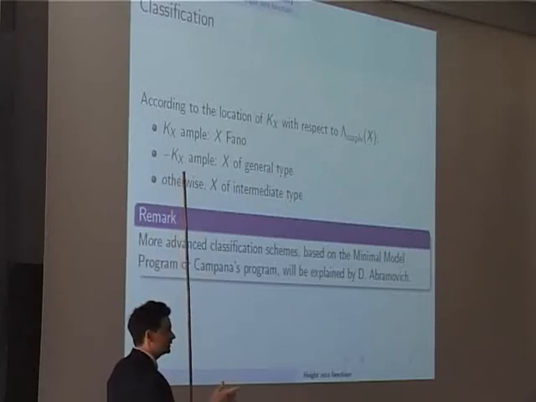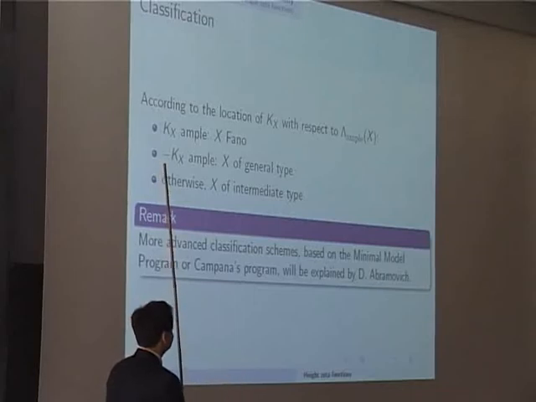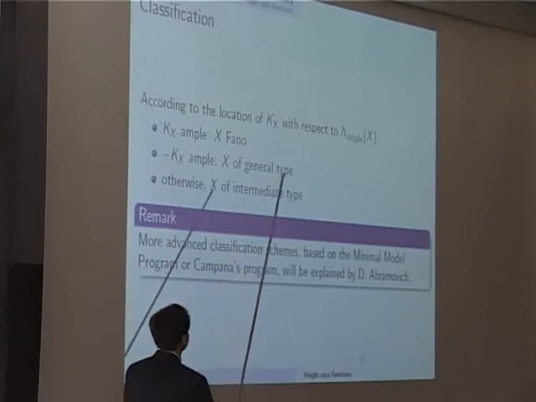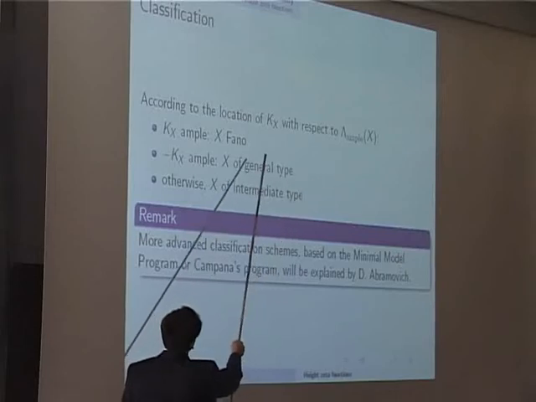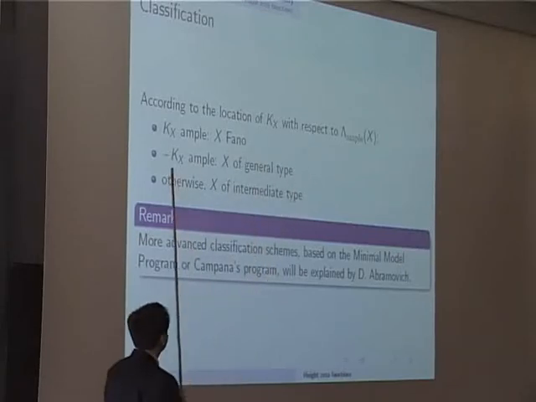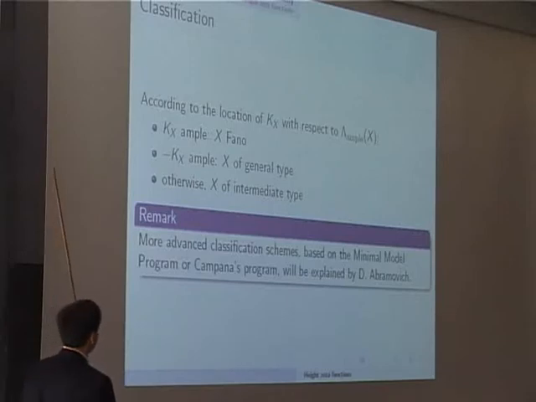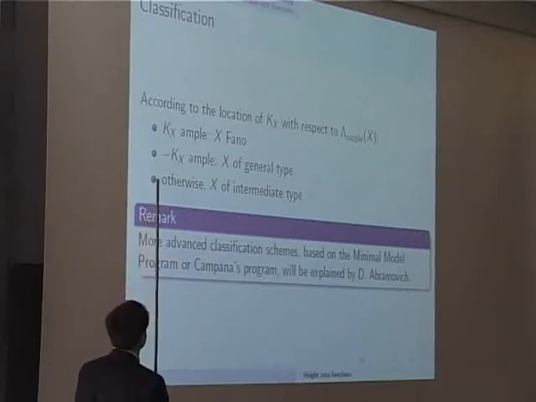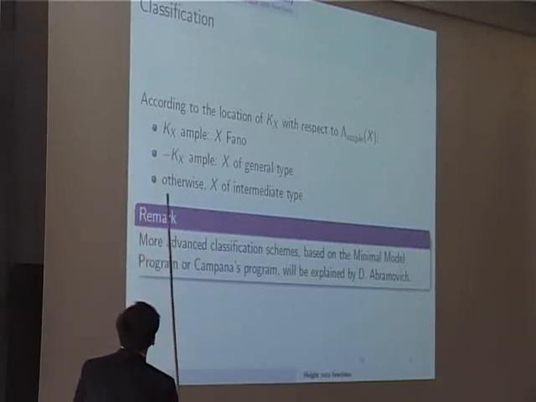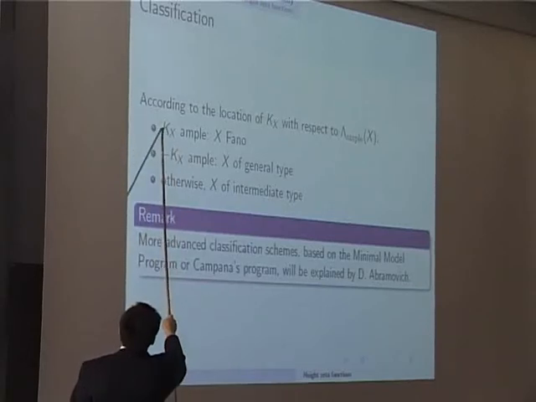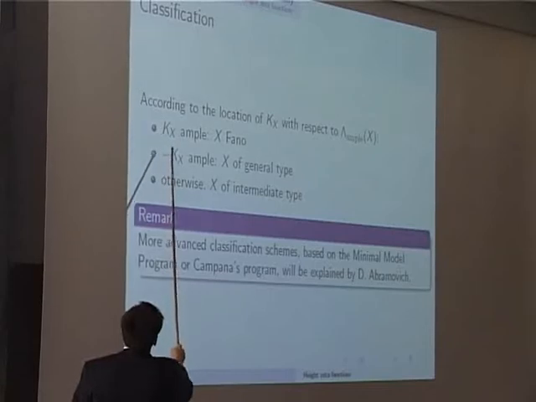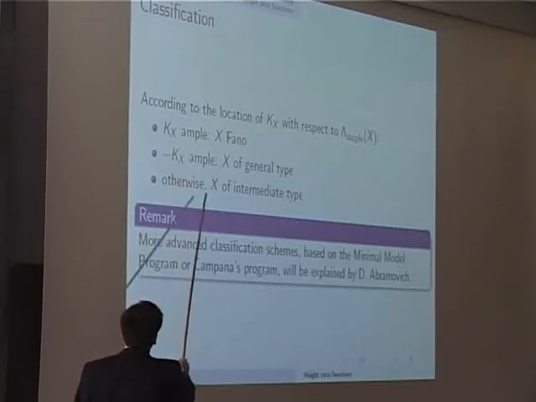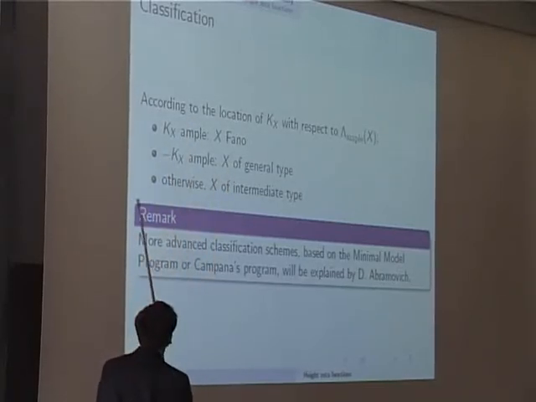So the canonical class is just a vector in some space, and then you have two cones, the ample and the effective cone. If K_X is ample or very ample, we have general type; if minus K_X is ample, we have Fano varieties. The pluses and minuses have to be interchanged, and otherwise X is of intermediate type.